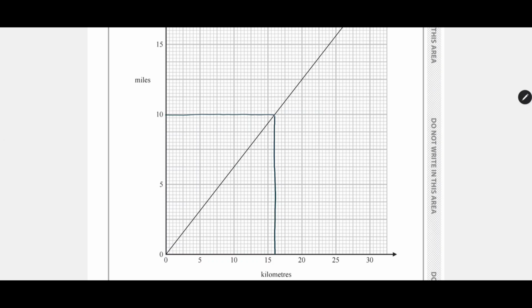So if we go back to our graph, we can see that 25 kilometers is roughly 15.5 miles, and so we can double it to get 50 kilometers, and that will be 31 miles.